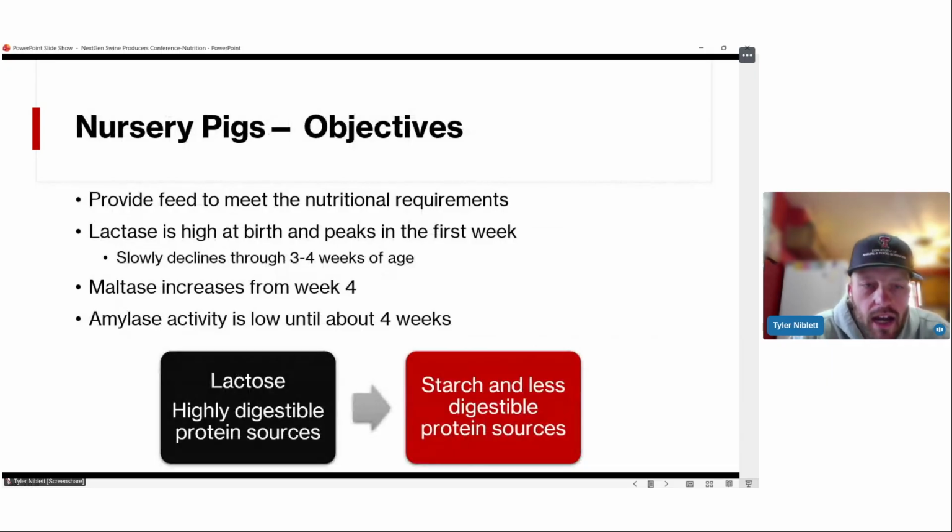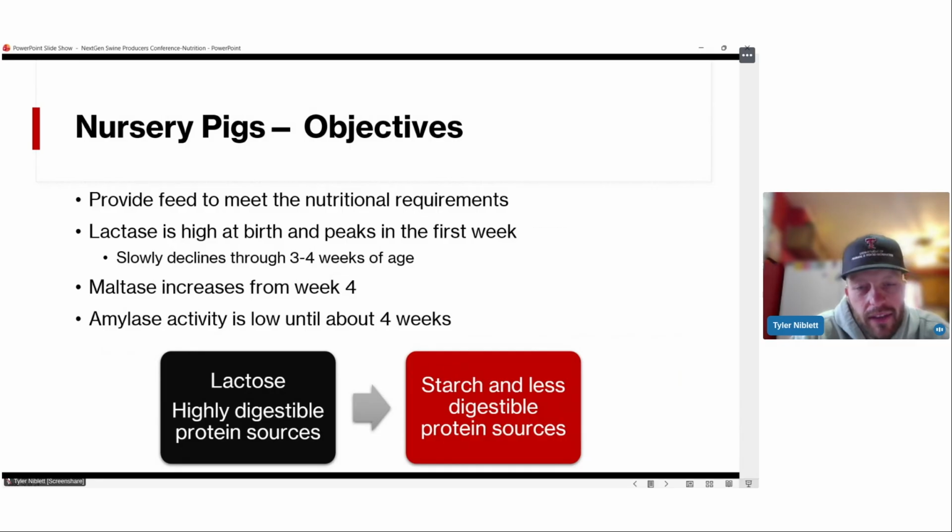However, the basis behind using whey, which contains lactose, is that pigs are a mammal species. They drink milk, and so they have the enzyme lactase, which breaks down the lactose in the milk, and it starts declining after weaning. However, for that first week or so, we utilize that lactase enzyme to help break down the lactose in the whey.